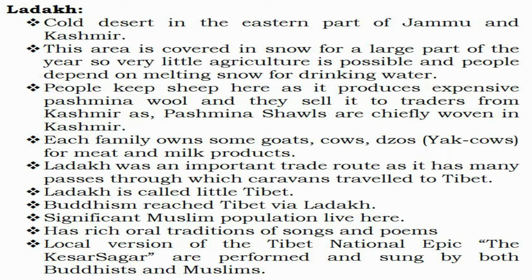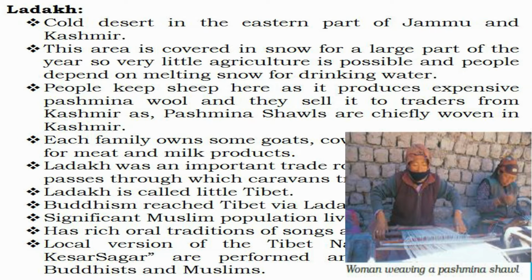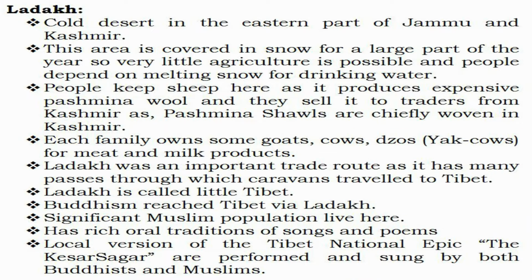Because the people keep sheep that is used for making a shawl. You can hear the word pashmina wool. Okay, pashmina wool. Here, the people keep the sheep as they are expensive for pashmina wool, because they sell it to the trader from Kashmir, and there the pashmina shawl is chiefly worn by the Kashmir people.